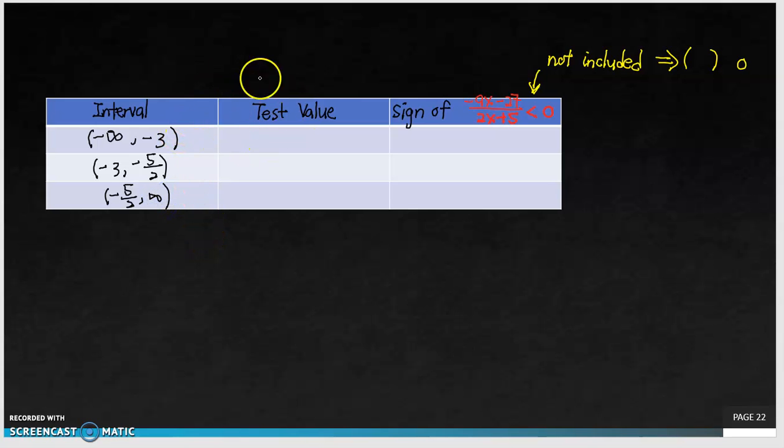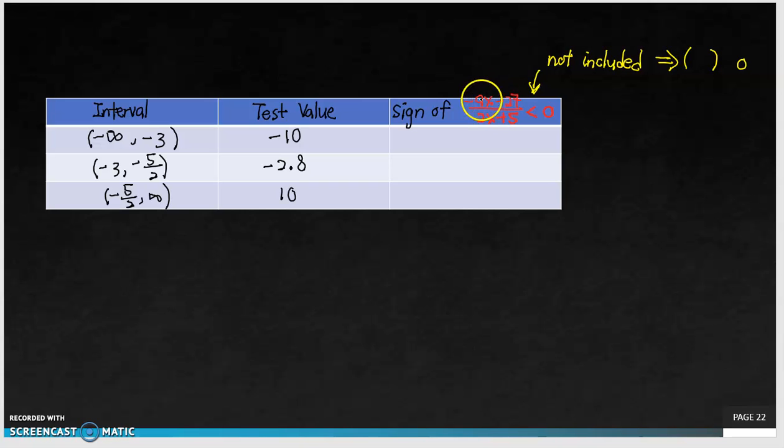For the test values, let's say here I put negative 10. For the interval between negative 3 and negative 2.5, let's say negative 2.8. For negative 5 over 2 until infinity, let's say I put positive 10. It's not necessary to use a fraction, I can use a whole number. Next I will substitute negative 10 into x.